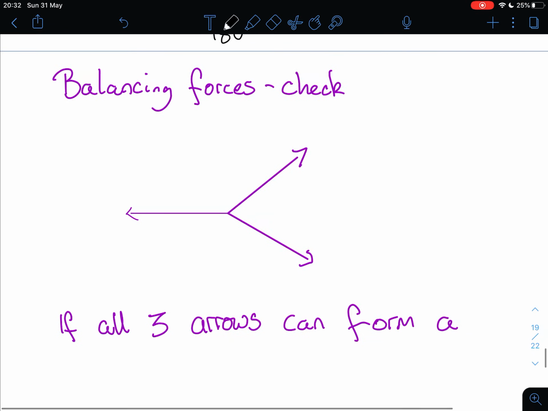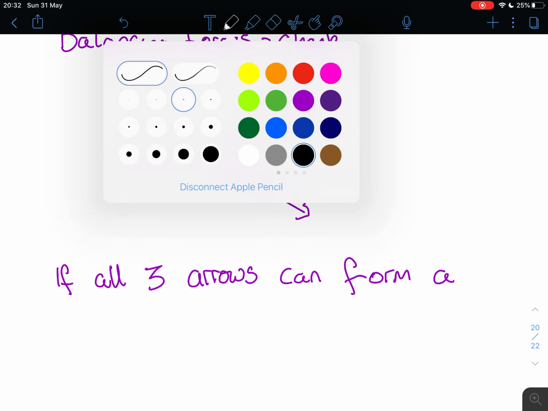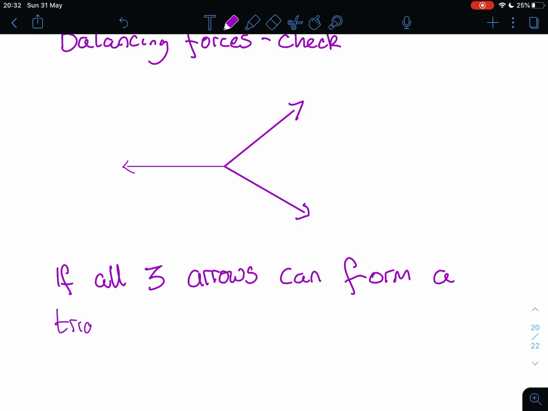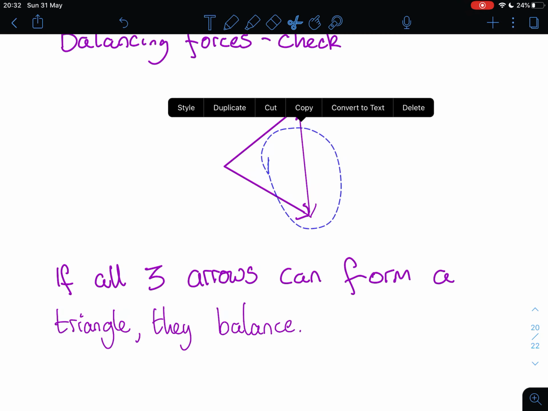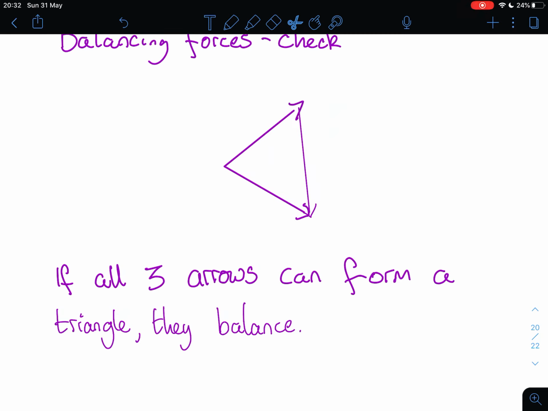If all three arrows can form a triangle, they balance. Now I can cheat. I can grab this line here, I know it keeps getting bigger and smaller, and I can put the tail and the tip like that. If they touch and form a triangle, they balance.